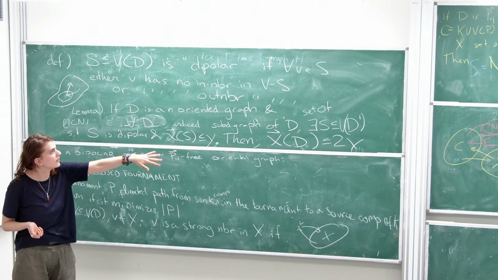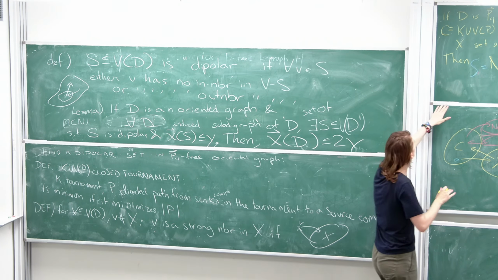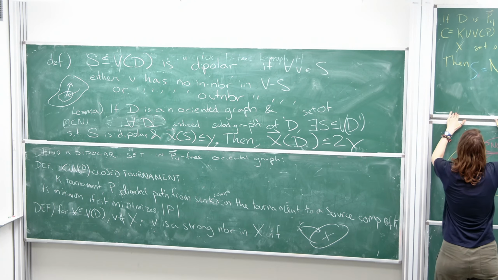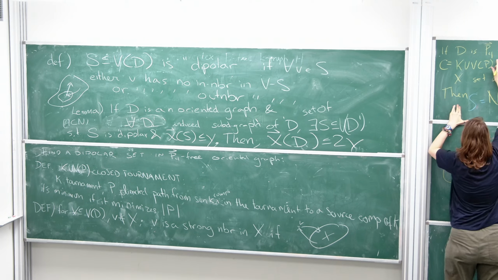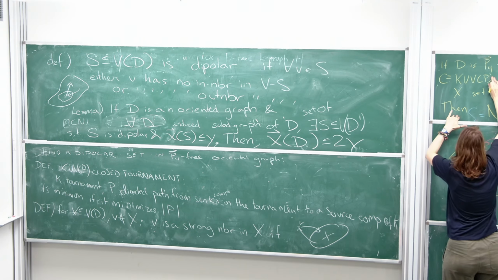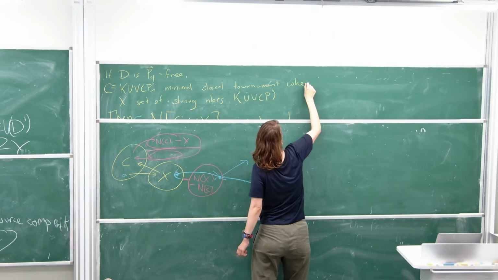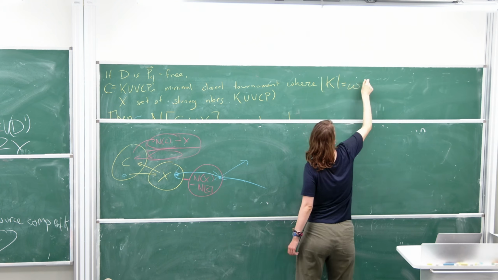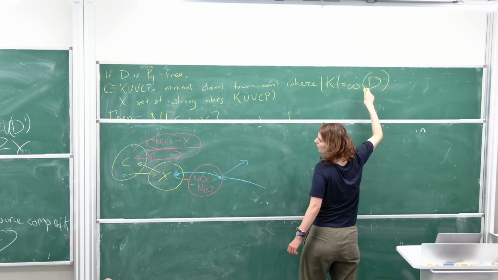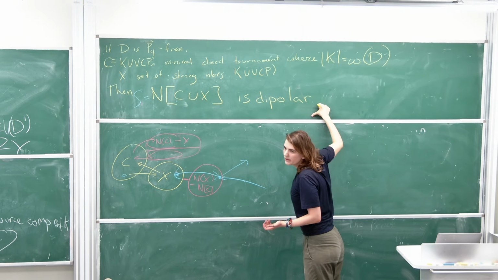So I did not define this, oh, sorry, I missed an assumption. We need K to be a maximum size tournament. Where I'll use omega to indicate the size of a largest tournament in the graph.